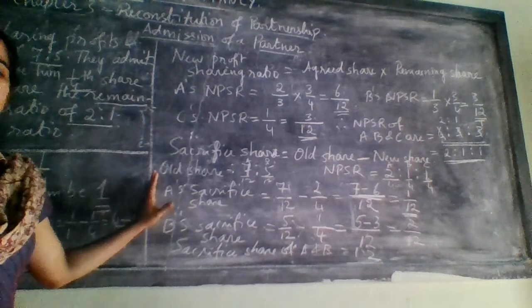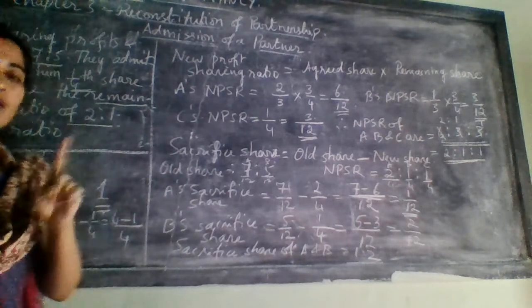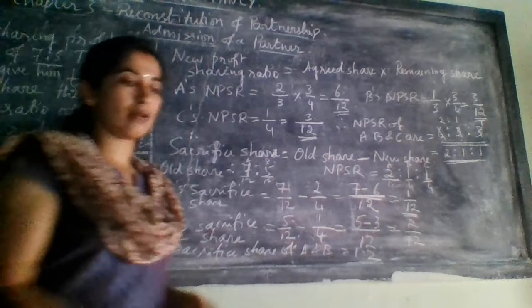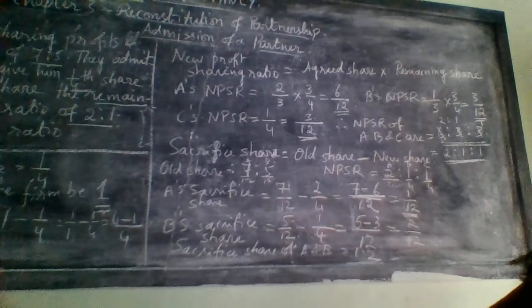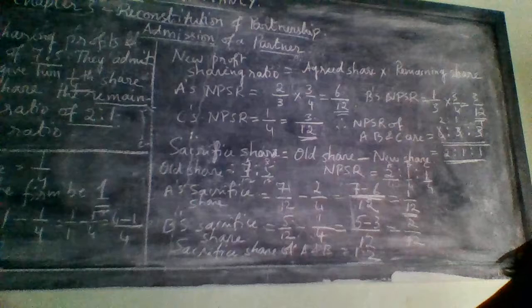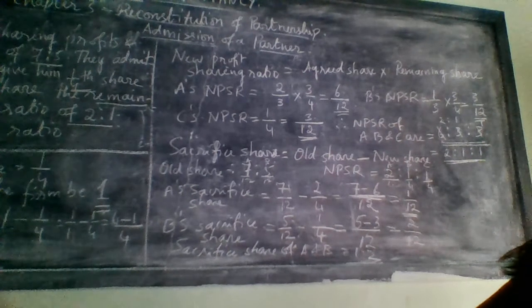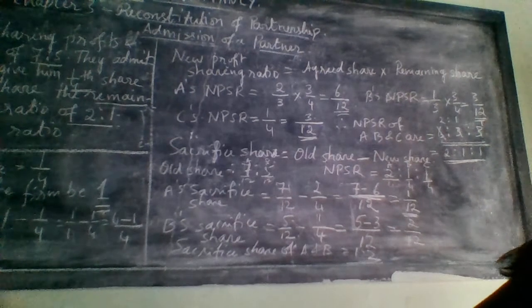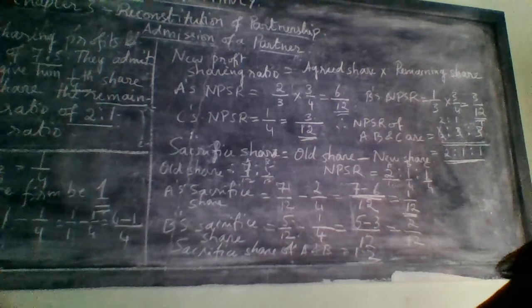While writing in the notes, write both methods, but practice only one method. There are many problems, I think 9 problems in the question bank, from page numbers 33 and 34.